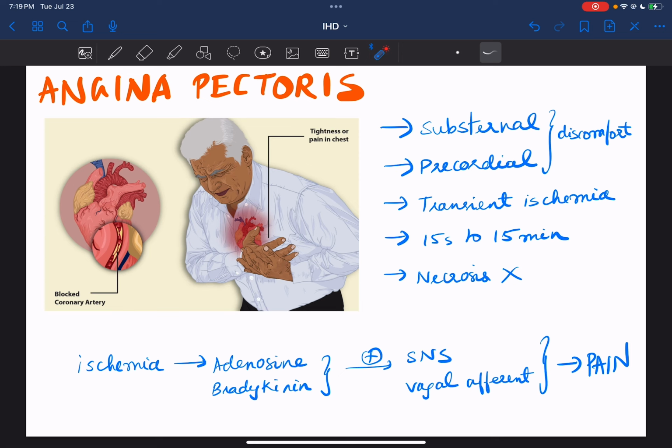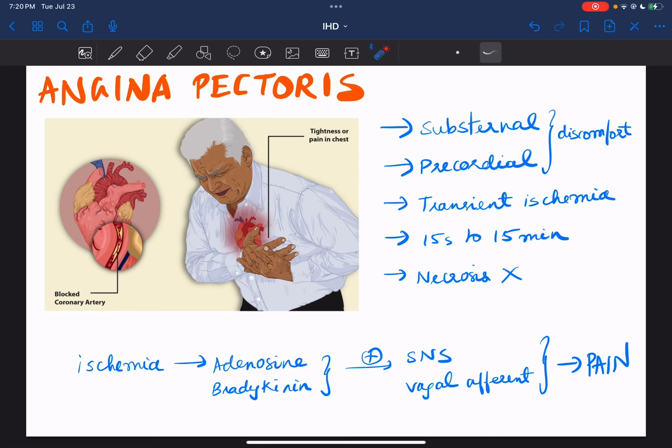Now let's look at why this pain is caused. Blood flow is getting blocked, but why is there pain? Pain is related to your nervous system, right? Let's look at why. If there is ischemia, that means your tissue is undergoing stress. And if the tissue is under stress, that leads to the release of some chemical substances like adenosine and bradykinin.